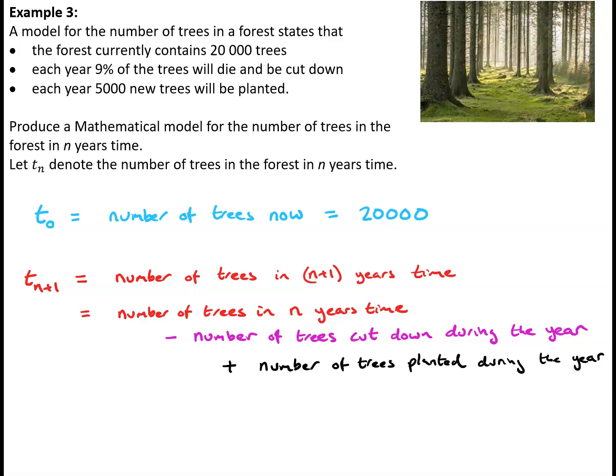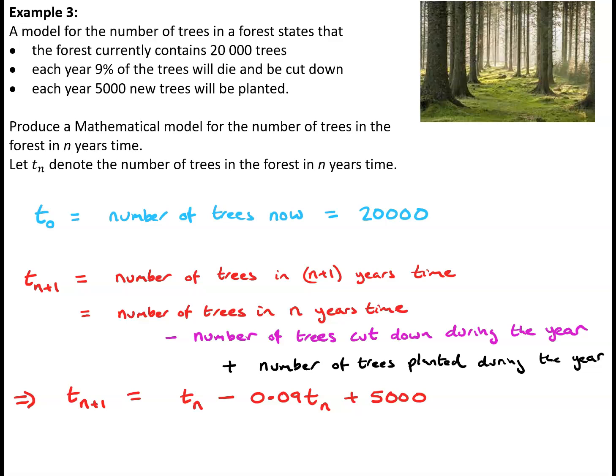So we've got Tn plus 1 is equal to Tn, the number of trees in n years' time, minus 0.09 Tn, that's the number of trees that are cut down during that year, plus the 5,000.